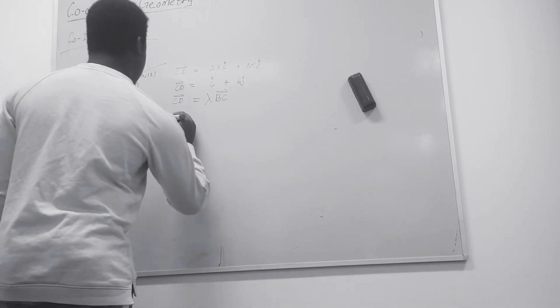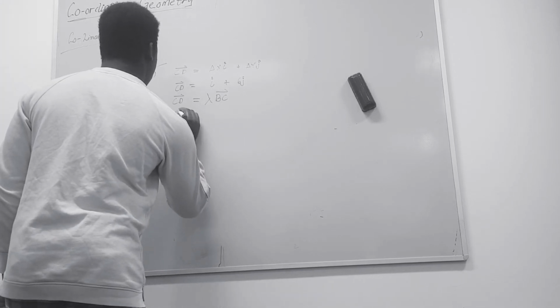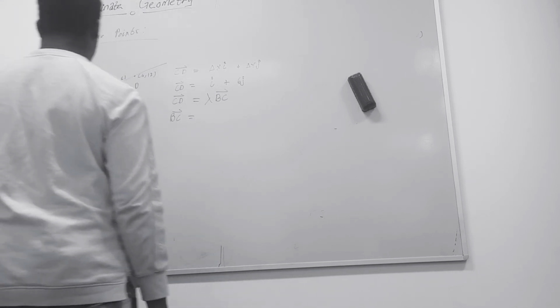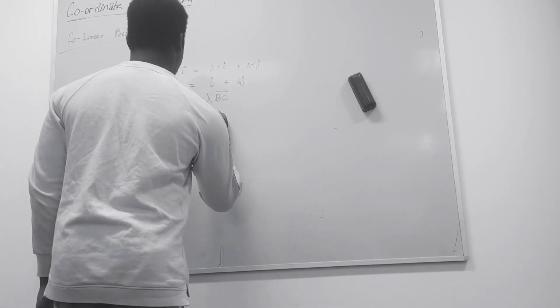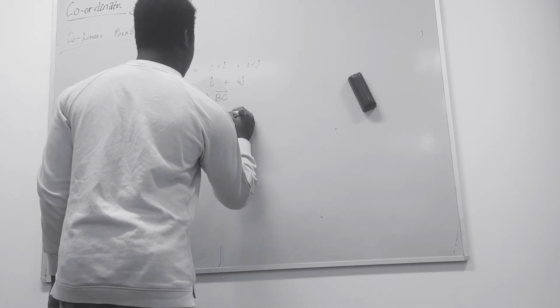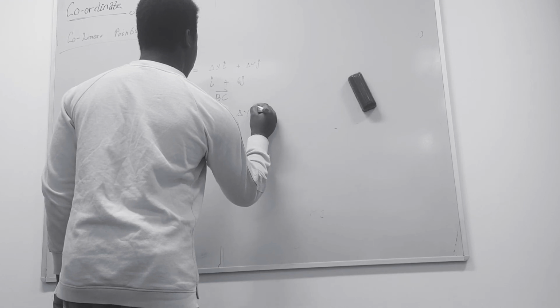What's the vector BC? BC is equal to delta x i plus delta y j.